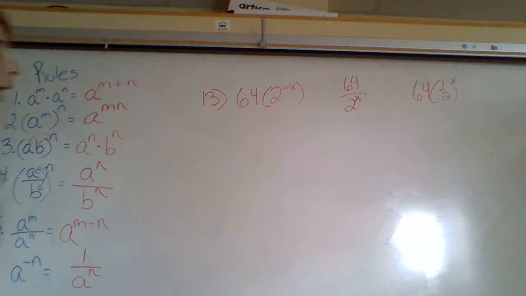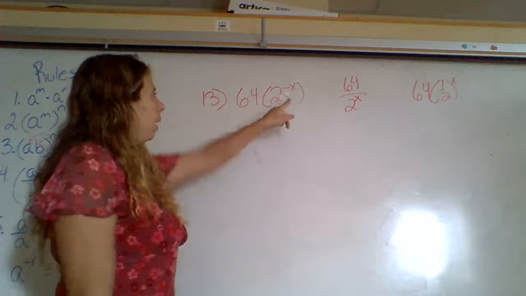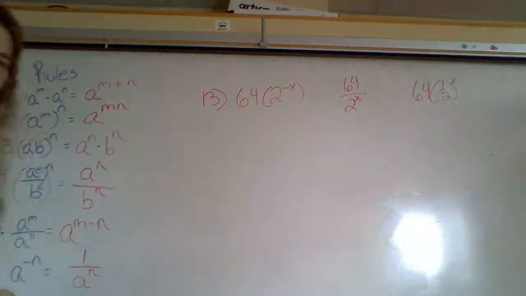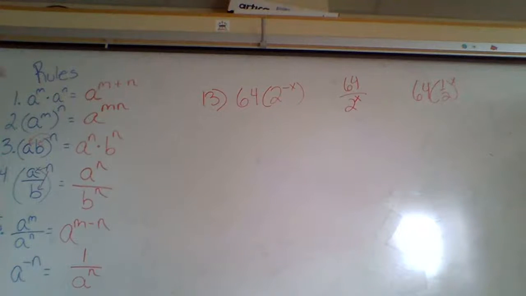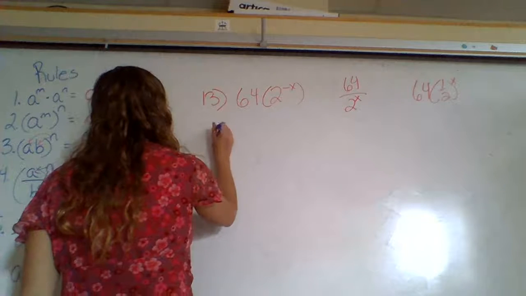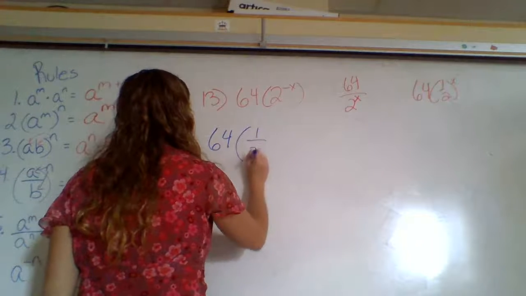All right. Whenever I see a negative exponent, that just jumps out at me. And I'm like, okay, so we're going to use, this was rule number 6, where you have to write the reciprocal. So we can turn this one into 64 times 1 over 2 to the x.